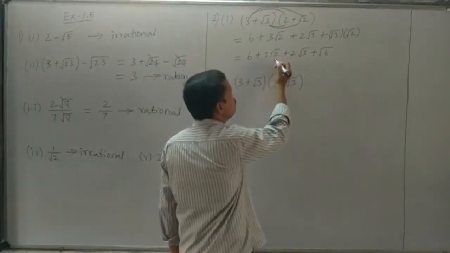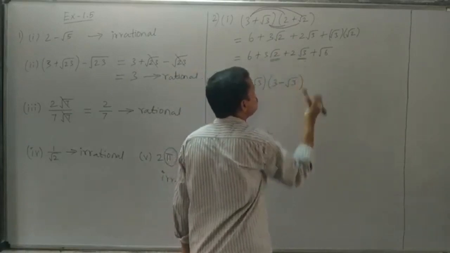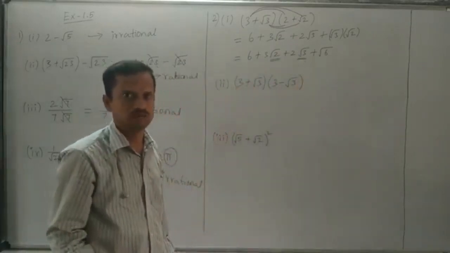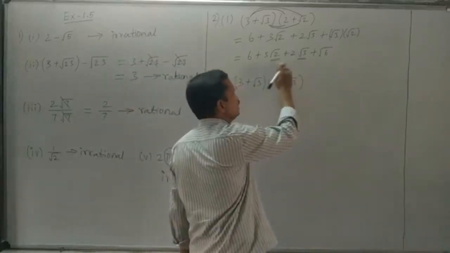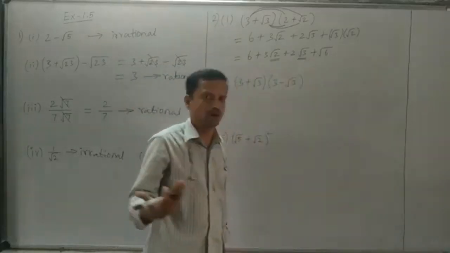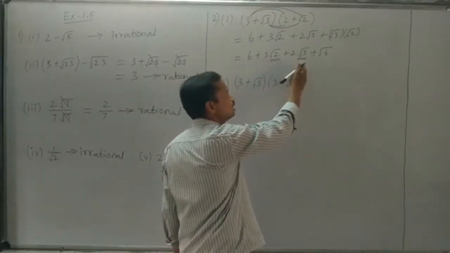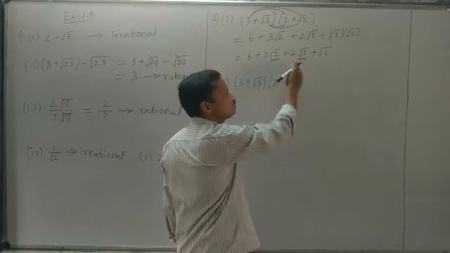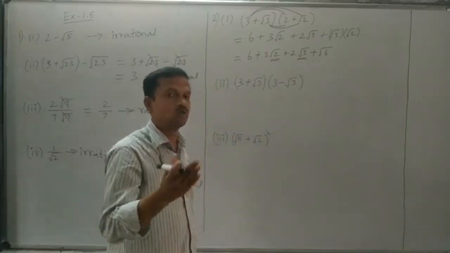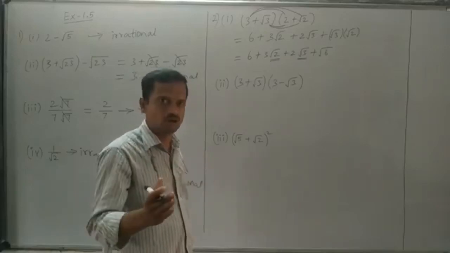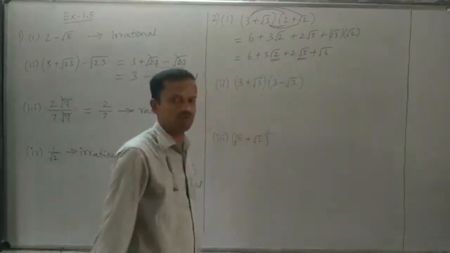And here you see 3 root 2 and this is 2 root 3, so the root is a different number. Suppose we have root 2 here, then we can add 3 root 2 plus 2 root 2 is 5 root 2. And suppose we have root 3 here and here also root 3, then 3 root 3 plus 2 root 3, we get 5 root 3. But here the root numbers are different, so we cannot add that. So as it is, leave it. Clear? So this is the simplified one.